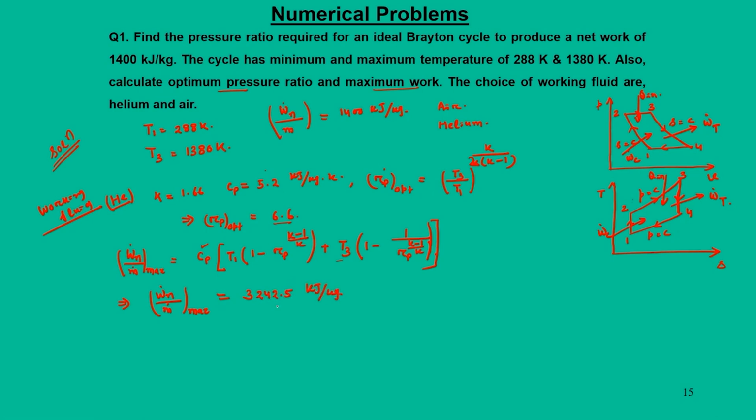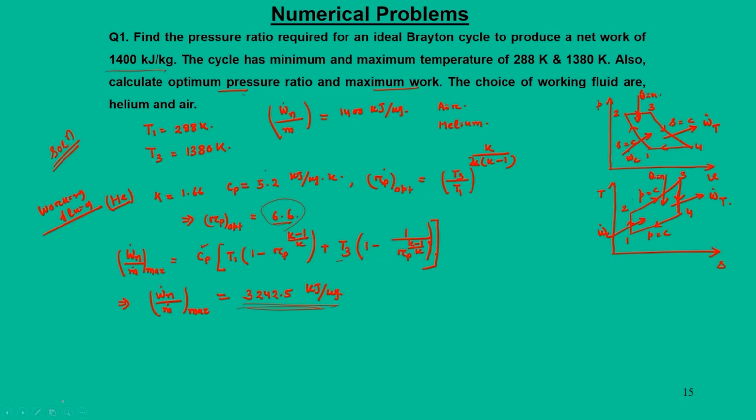So, this answer tells us that we can use helium as working fluid. With this optimum pressure ratio, it can give maximum power of 3242.5 kilojoule per kg.